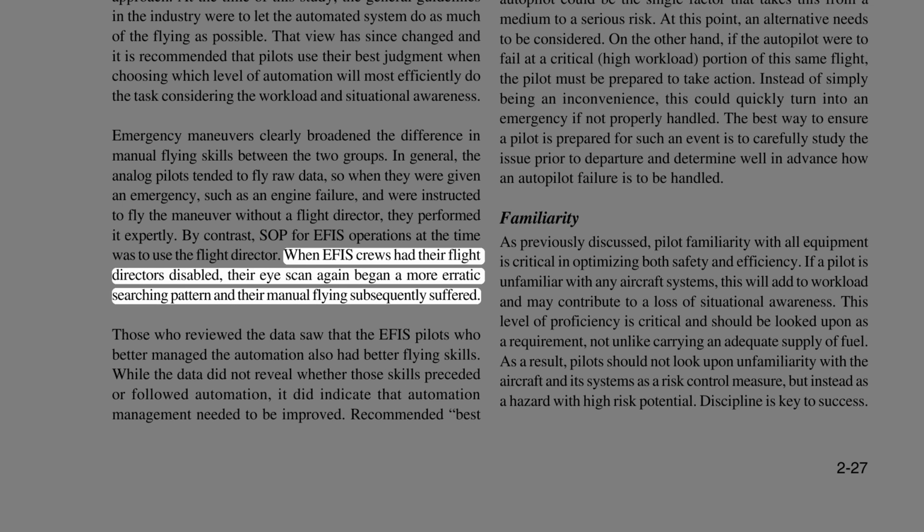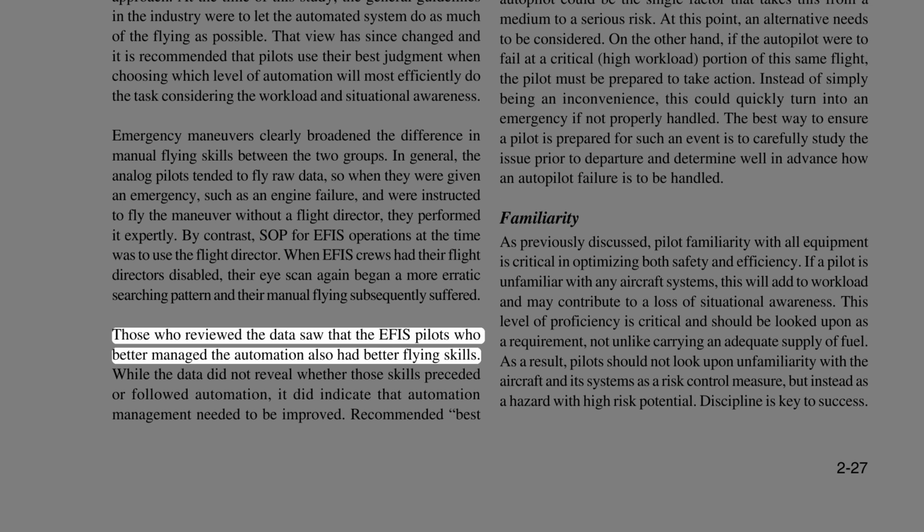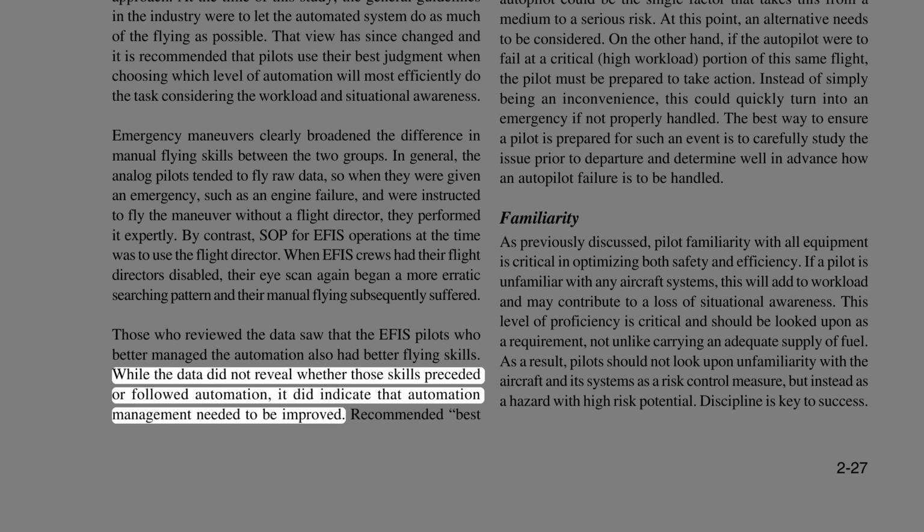When EFIS crews had their flight directors disabled, their eye scan again began a more erratic searching pattern, and their manual flying subsequently suffered. Those who reviewed the data saw that the EFIS pilots who better managed the automation also had better flying skills. While the data did not reveal whether those skills preceded or followed automation, it did indicate that automation management needed to be improved.